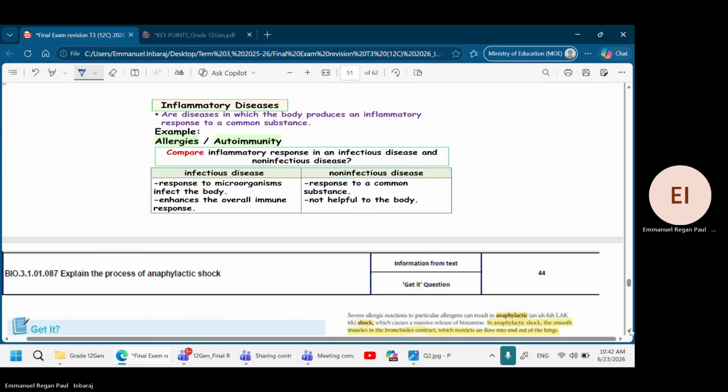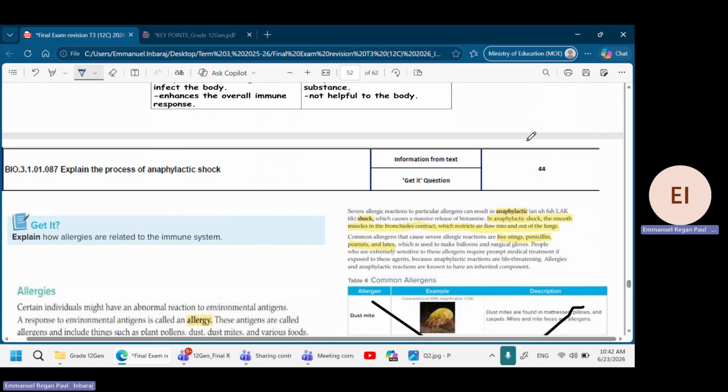And one more thing is very, very important. Page number 44. This is about anaphylactic shock. I will zoom this for you. Just wait.